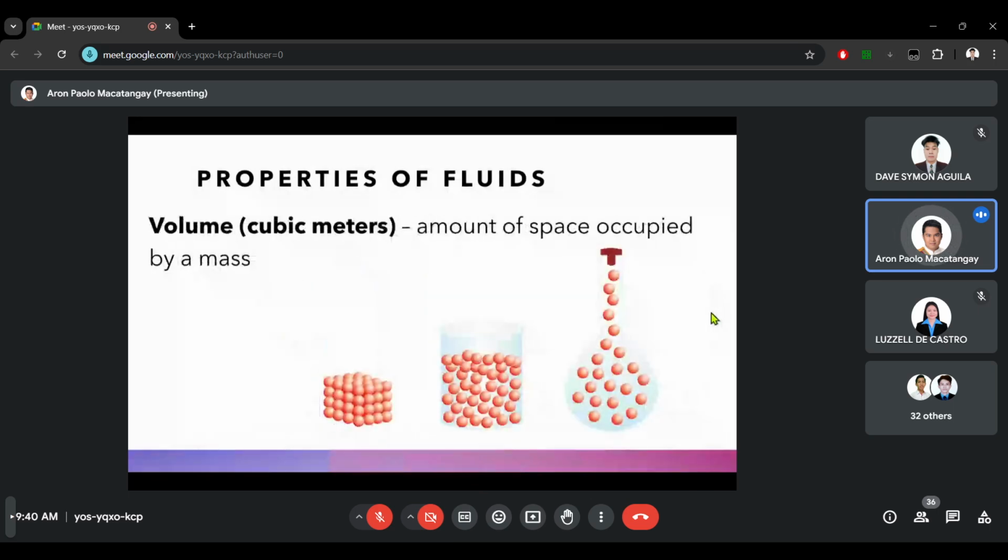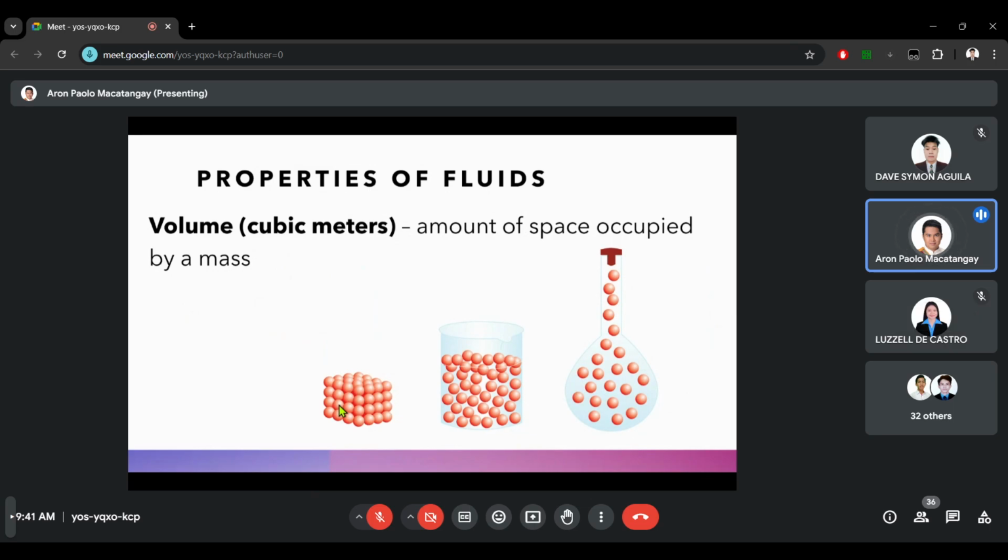Next is the volume. So this is the amount of space occupied by a mass. If you have a consistent mass, the amount of space that is occupied by that mass, that is the volume. For solids, that will be very compact.